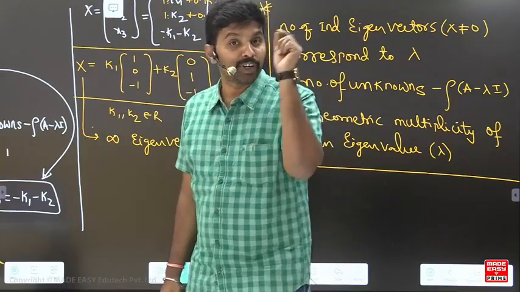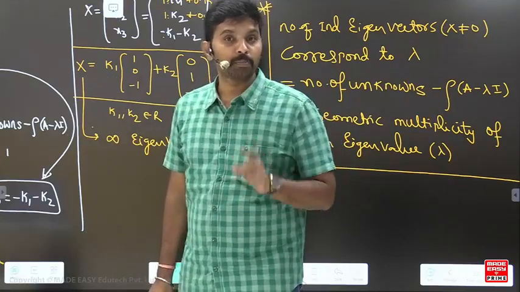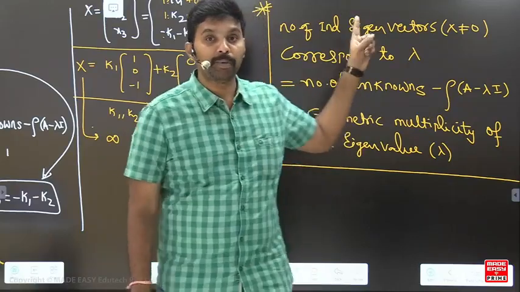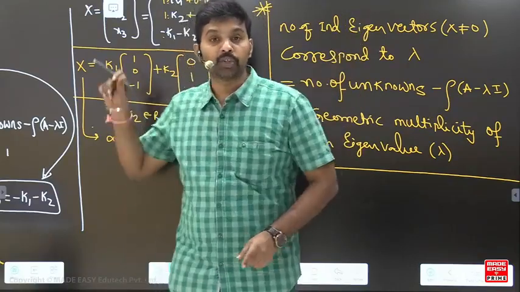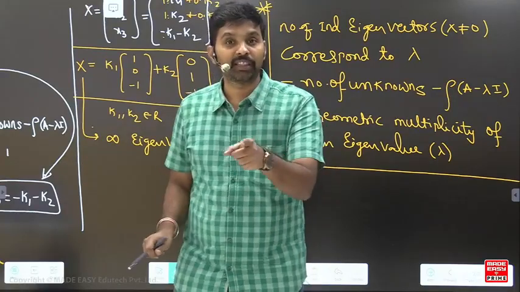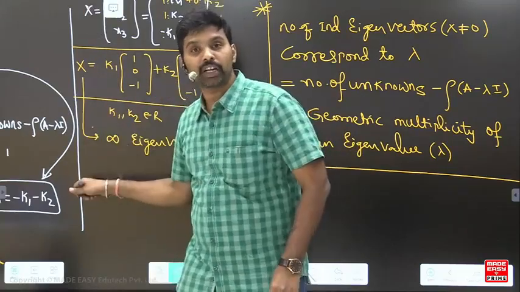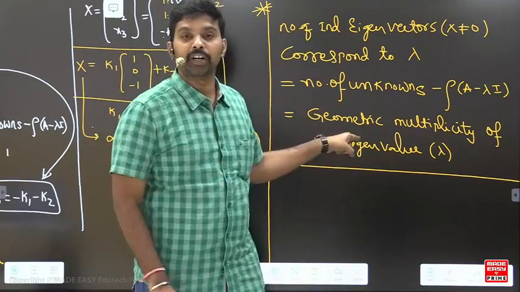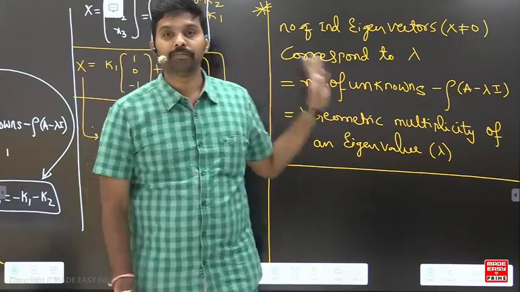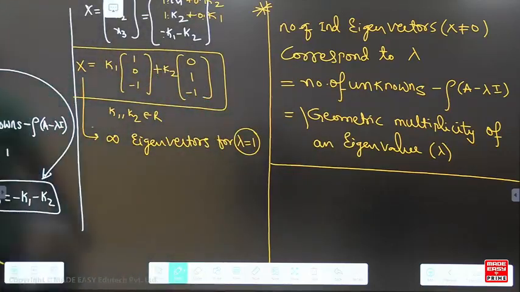The number of independent solutions of that homogeneous system is given by the number of unknowns minus the rank of A minus lambda I, which gives you the number of independent eigenvectors, because the solution of the homogeneous system (A minus lambda I) x equal to 0 is nothing but the eigenvector. So here the solution, the eigenvector; the independent solution, the independent eigenvector; the nullity, the geometric multiplicity of lambda. That's the concept. I hope everyone understood.